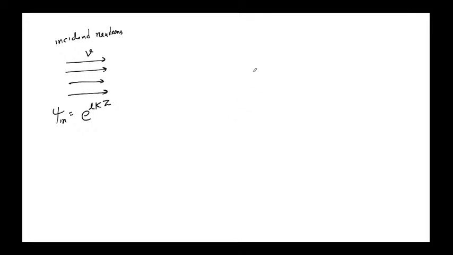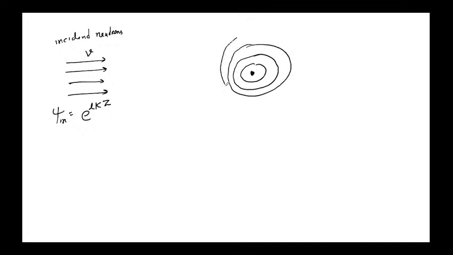This is our nucleus of a particular molecule of paraffin wax. When this neutron interacts with this nucleus, the proton gets scattered out, and these are the scattered spherical waves.